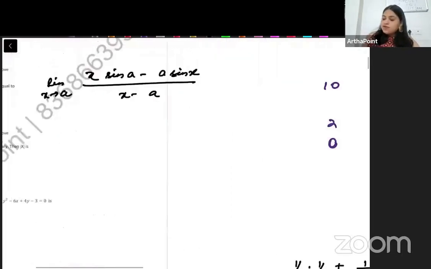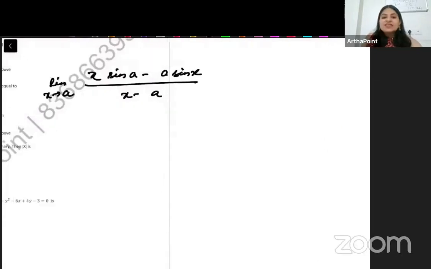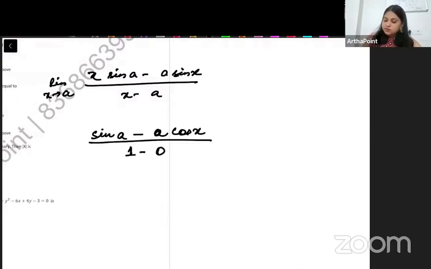L'Hopital rule. If I differentiate the numerator and denominator separately, the differentiation of x sine a, where sine a is a constant, is sine a, since differentiation of x is 1. Minus a times differentiation of sine x, which is cos x, upon differentiation of x, which is 1, minus differentiation of a, which is 0, as it's a constant.